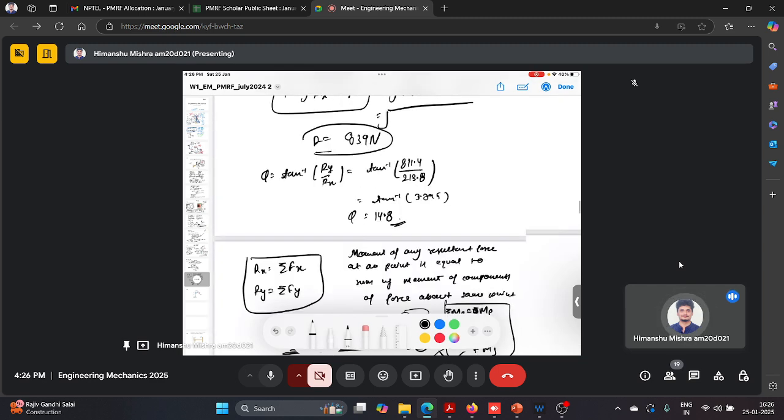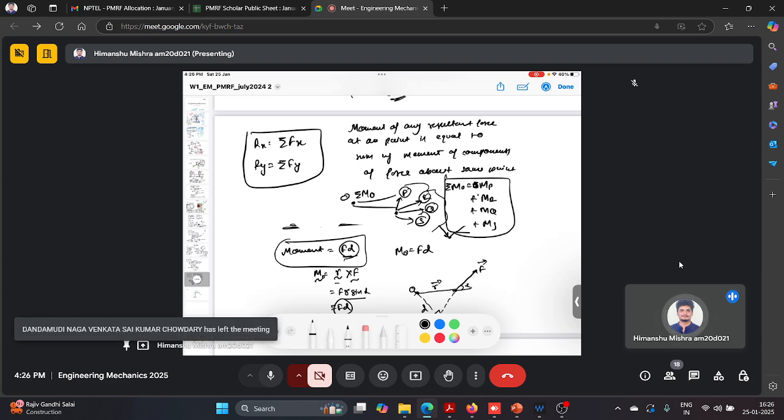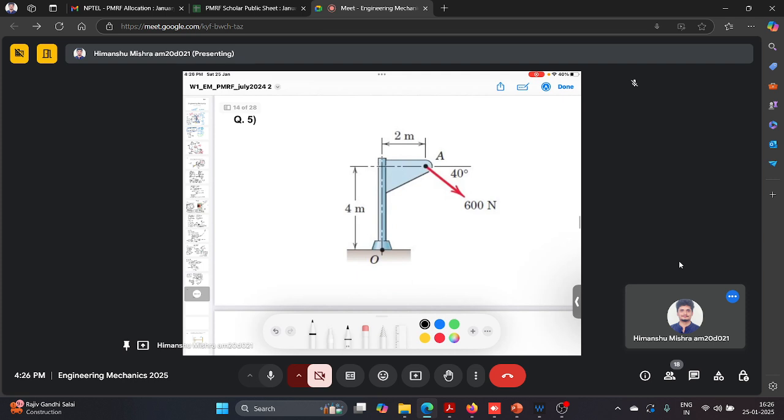Just to note that in order to calculate the moment, we always need a perpendicular distance. Whenever we want to calculate the moment, we need to define the perpendicular distance from that force. That will be clear by solving this question. In this question, we have a force of 600 Newton applied at 40 degrees from the horizontal direction, and there is a column.